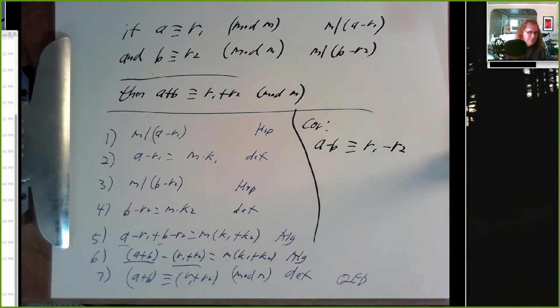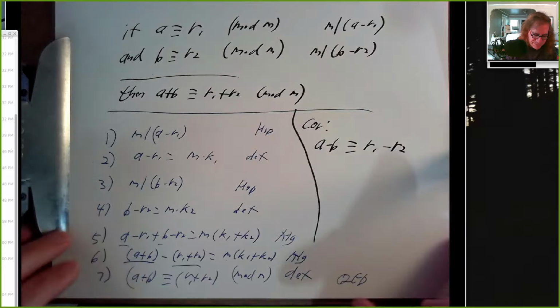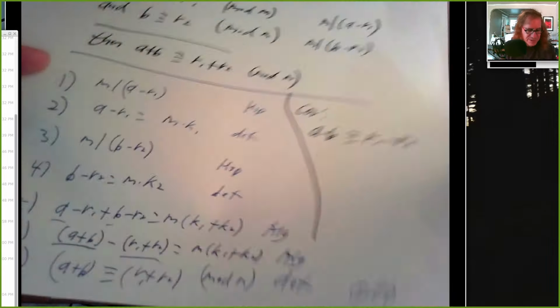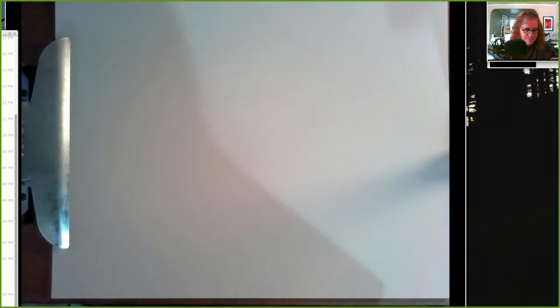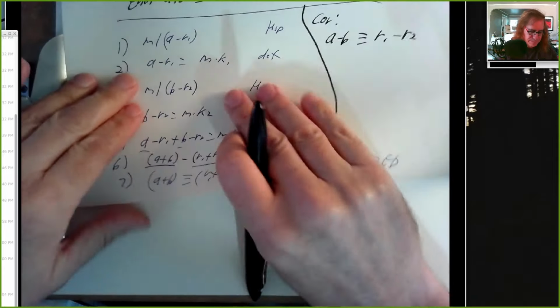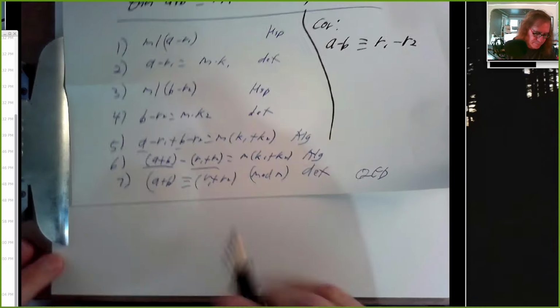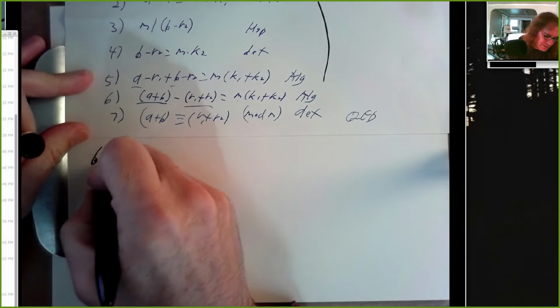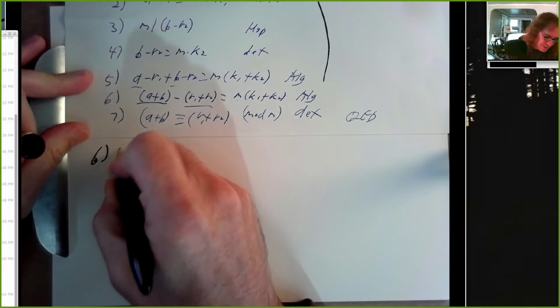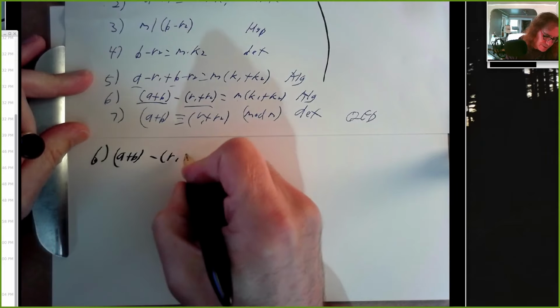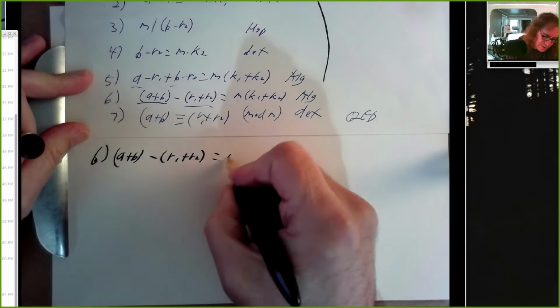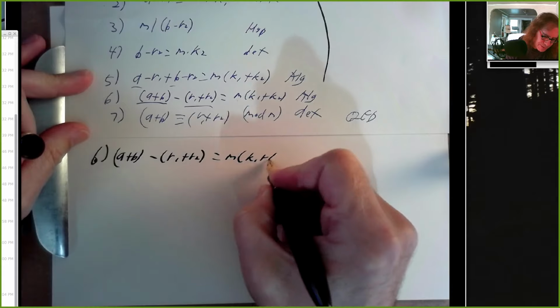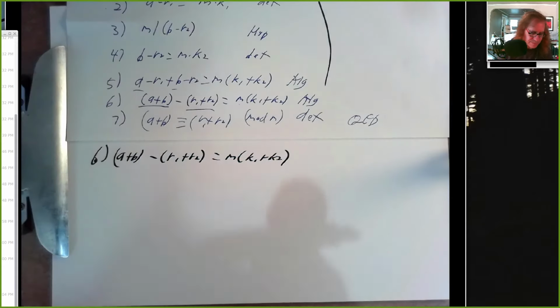So addition, let's see, step 6 and 7. Okay, let me do those a little more carefully. So step 6, A plus B minus R1 plus R2 equals m times K1 plus K2.